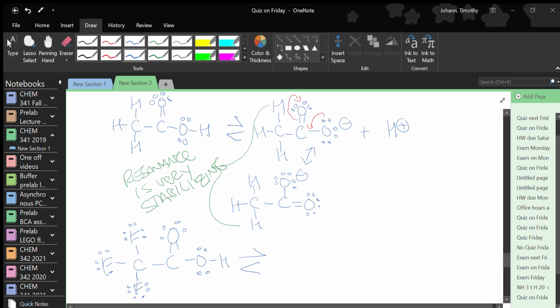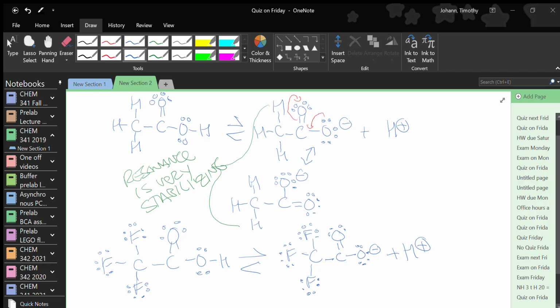So I've got fluorines on the carbon over there, and I can go ahead and deprotonate this as usual. Okay, so now I can deprotonate here, but what's going on in terms of the stability?